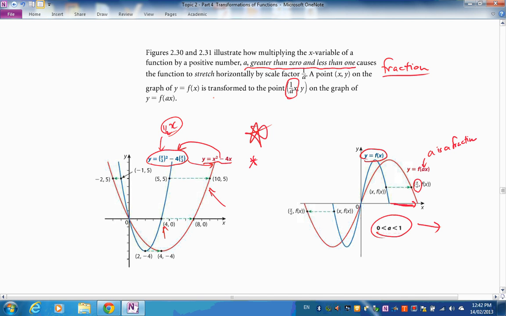Or if we have a formula that's been changed and we can identify that change, we can predict what the graph might look like. Okay, that's a lot of work there. We have translations in both directions. We have reflections in the x-axis and y-axis, and we've got stretching and shrinking in both directions.